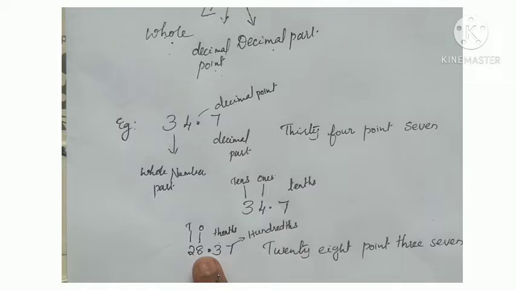So on the right side of the decimal point, the first place is tenths and the second place is hundredths. Understand how we read this number? 28.37. All of you understand this section?